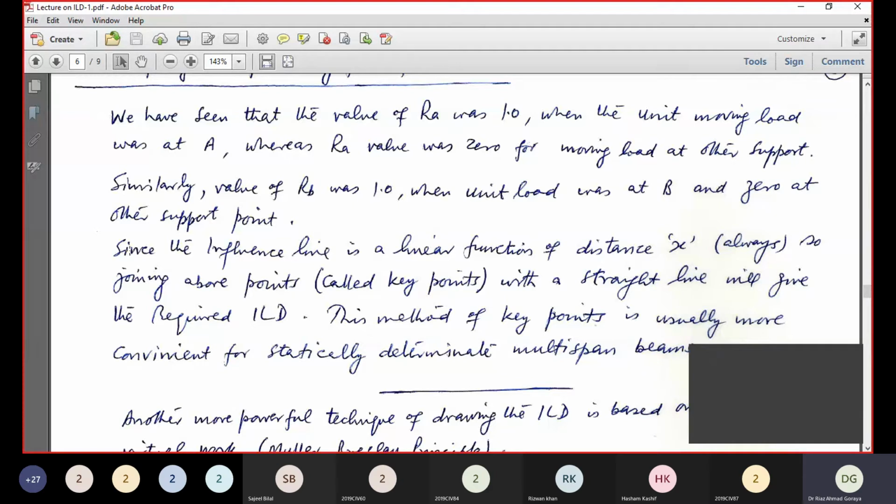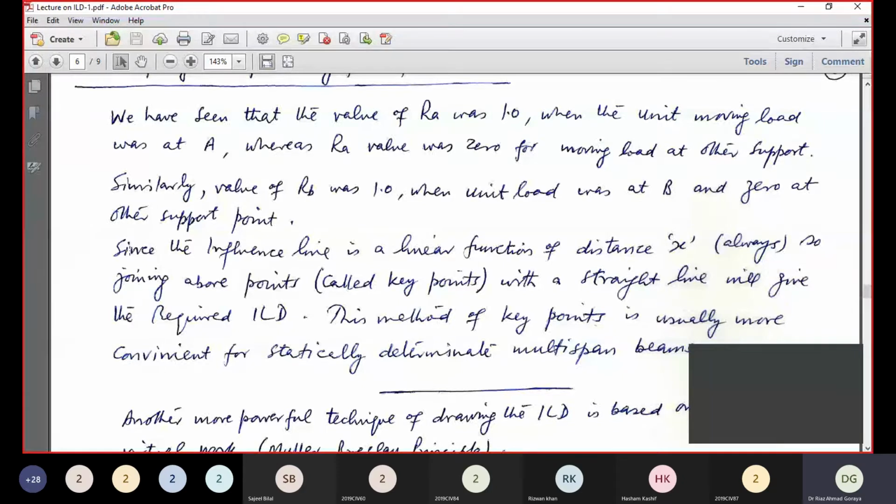In this method of key points, we directly mark the key points. Then we will join these points with a straight line.